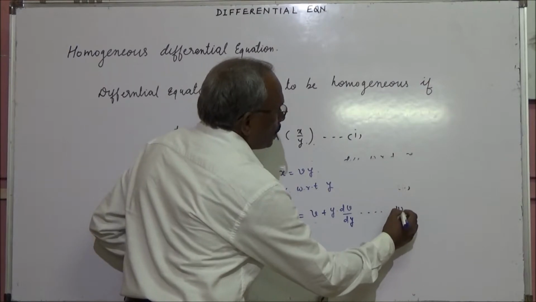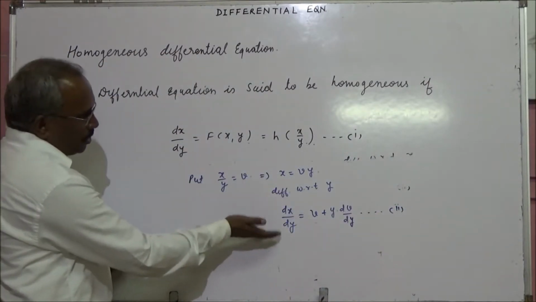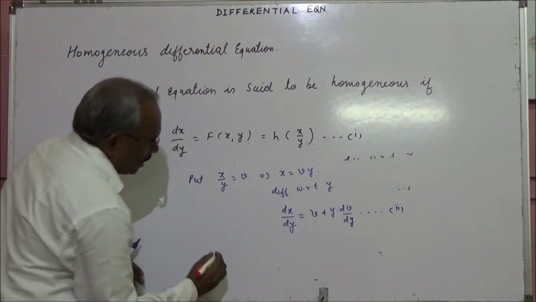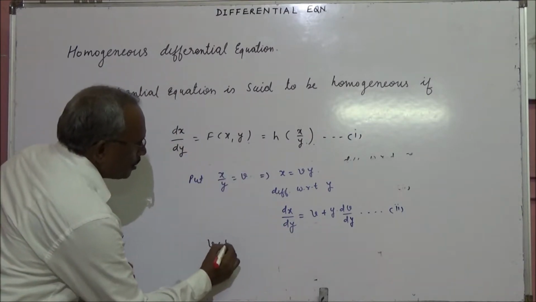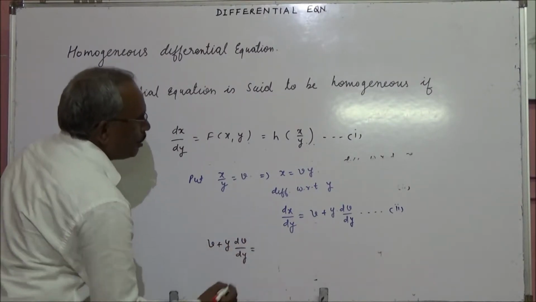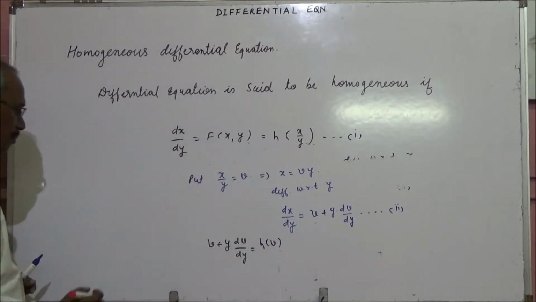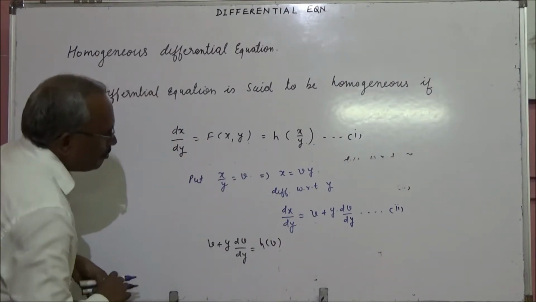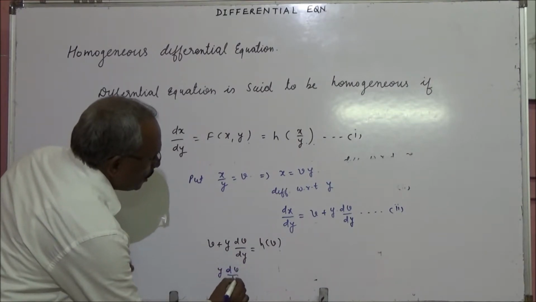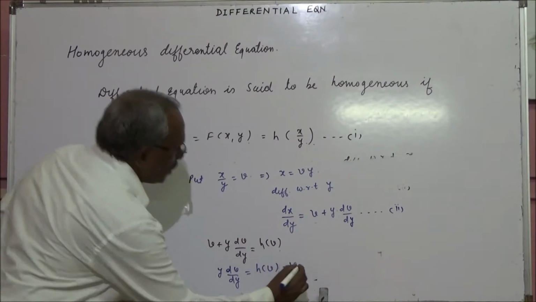Call this equation number 2. From equations 1 and 2, v plus y dv by dy is equal to h of v. So y dv upon dy is equal to h of v minus v.